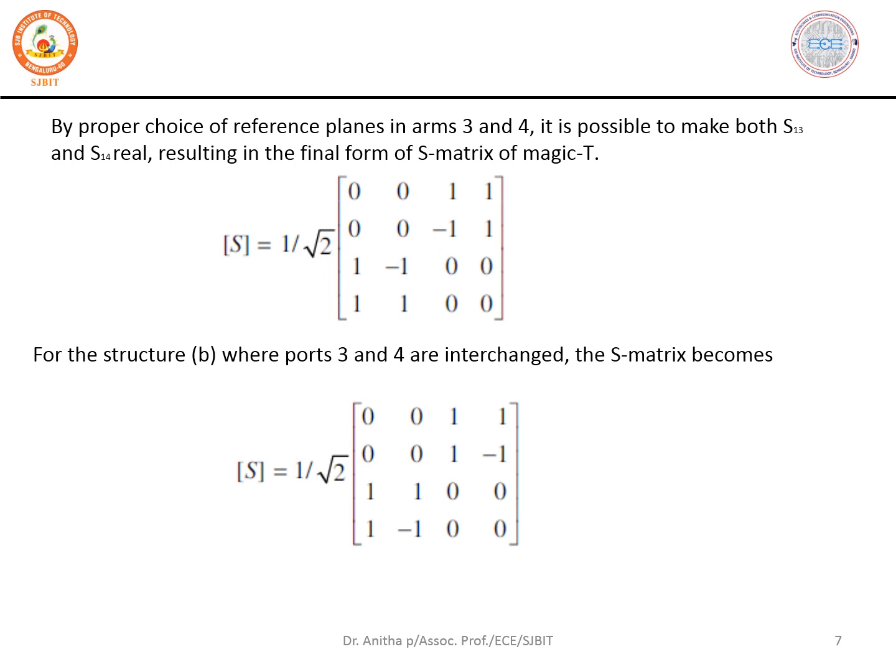So A1, A2 and A4 have become 0. A3 is not 0.